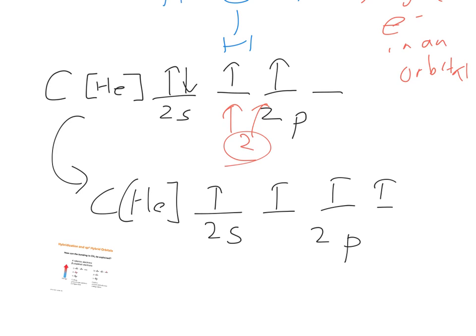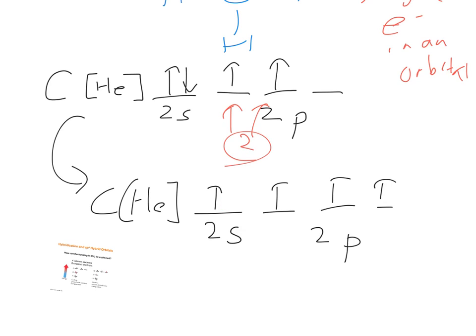So you're saying, well, that must be what happens, right, Dr. Kelly? Bzz, wrong. Kind of. Here's the problem. And here's why we know this doesn't happen. If this were to happen, are we really forming 4 bonds that are equal? No. Here's why.